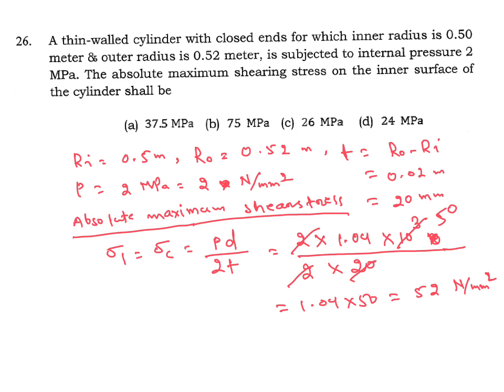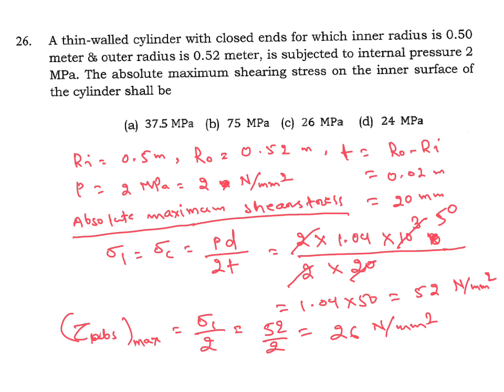So in this question, sigma absolute maximum is maximum principal stress by 2. So it will come 52 by 2. Its value is 26 Newton per mm square. So answer is C.